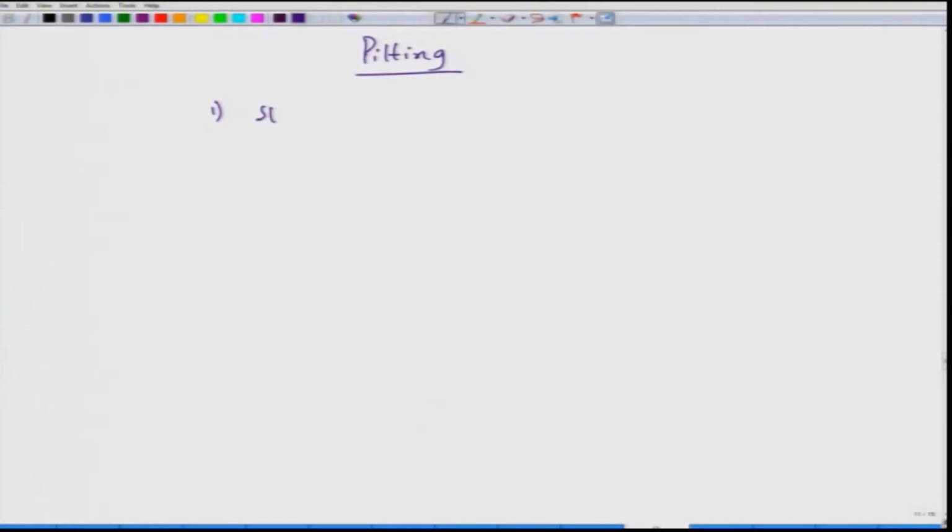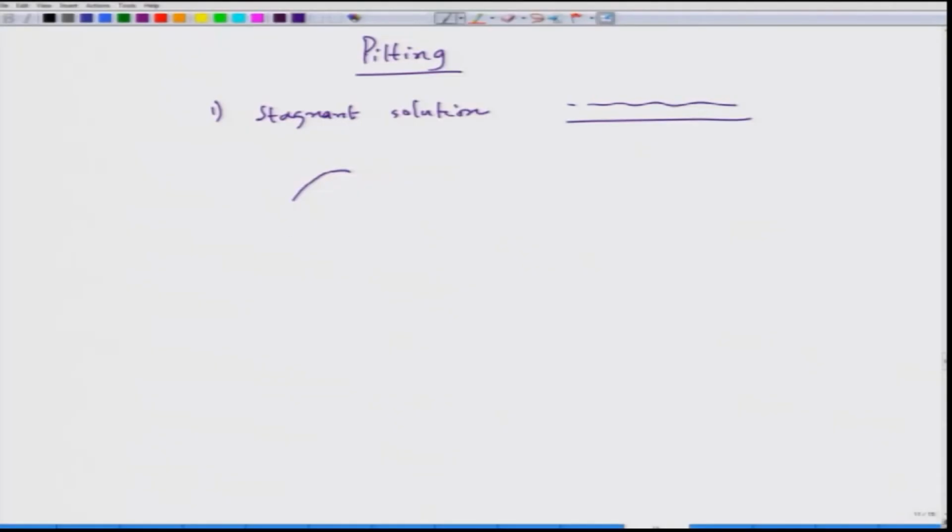In case of pitting also, we need stagnant solution, and if the metal has some sort of weak regions, I mean some active regions, like grain boundary.